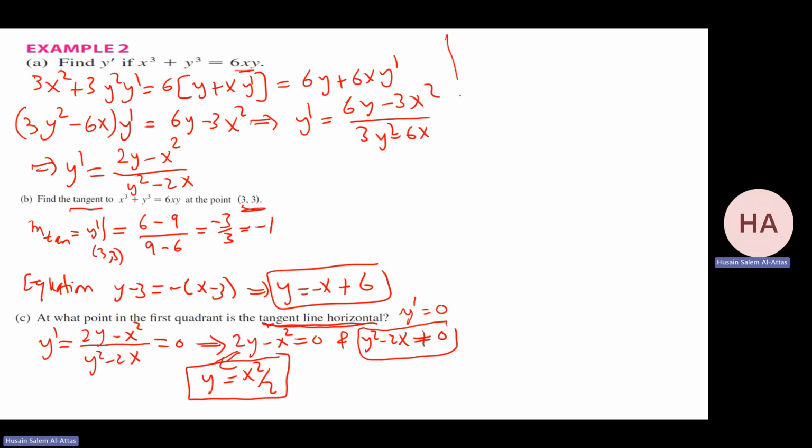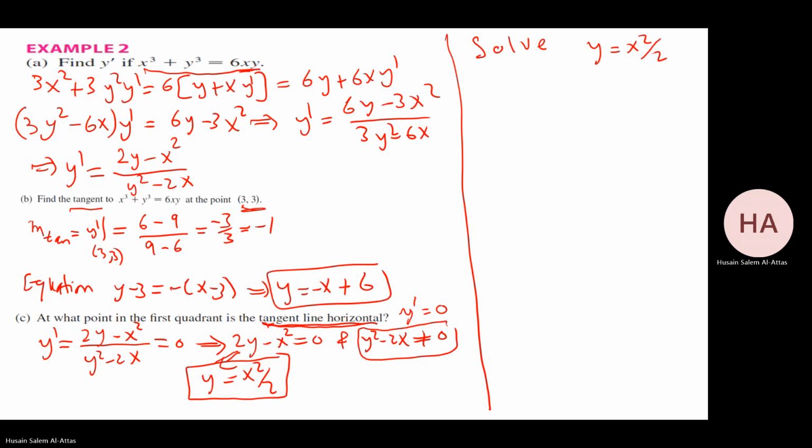Now I have two things, so we need to solve these two equations. y equals x squared over 2, and not only that, it should also satisfy the equation of the curve, since the point of tangency is a point on the curve, which satisfies both. So I need to solve this system.